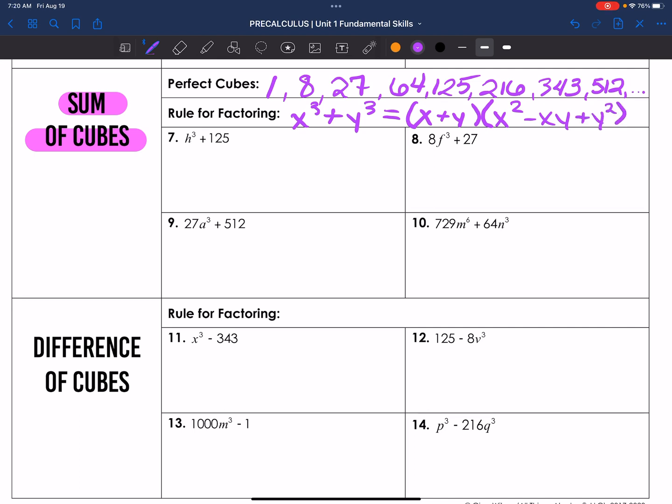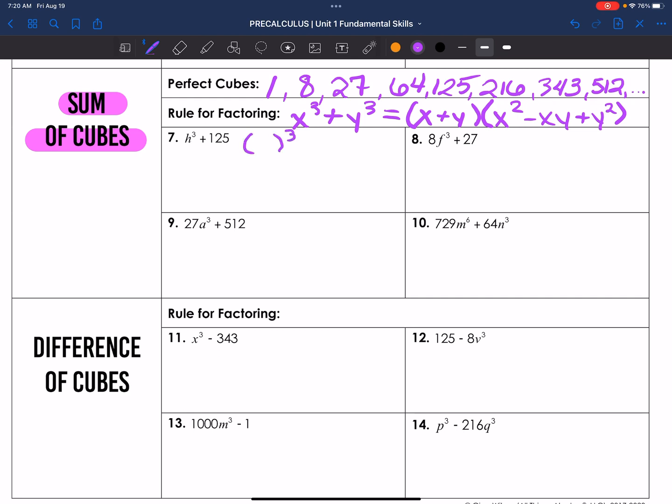Now let me show you with an example here. All right, so we're looking at our example number 7 here. It might be helpful to think about the two pieces here.